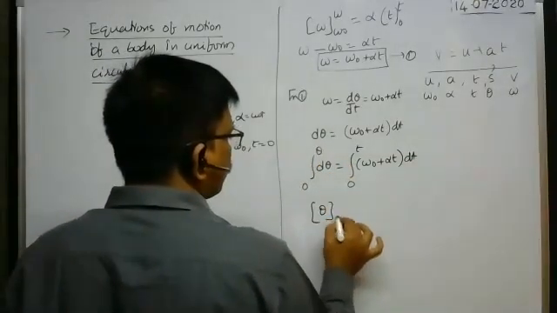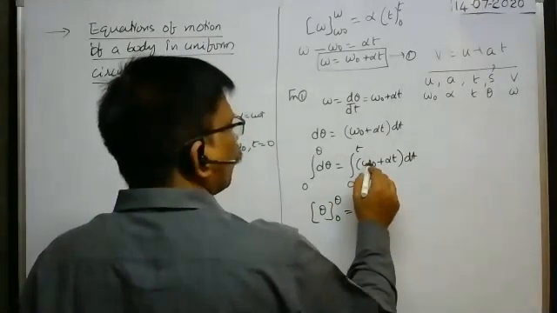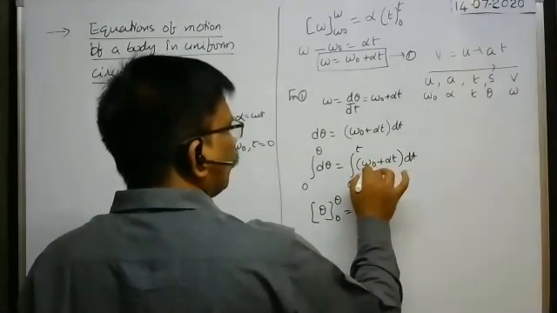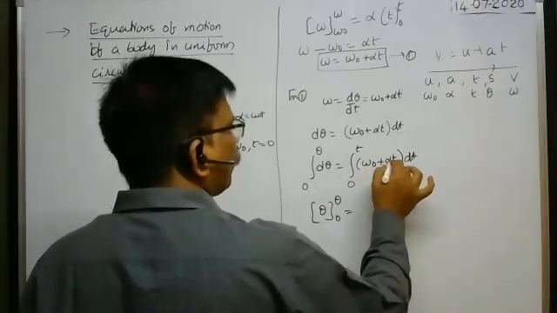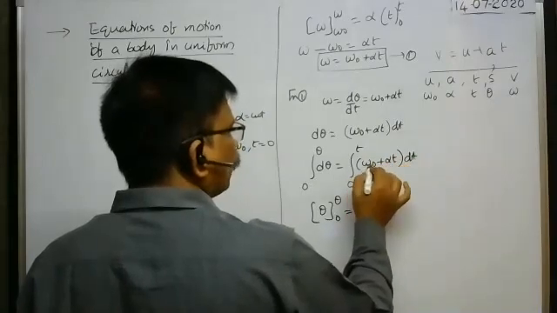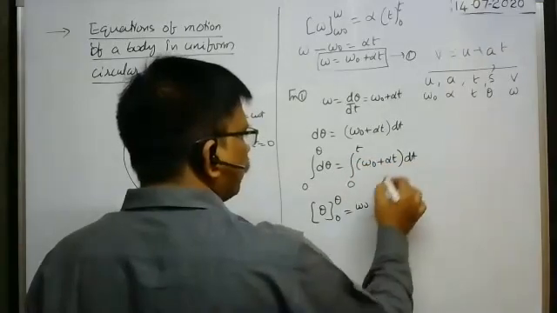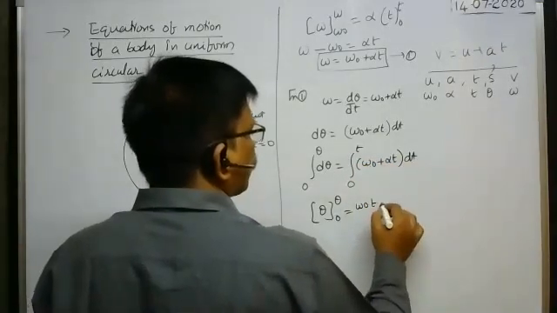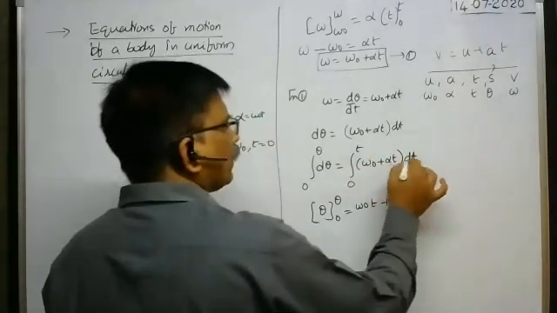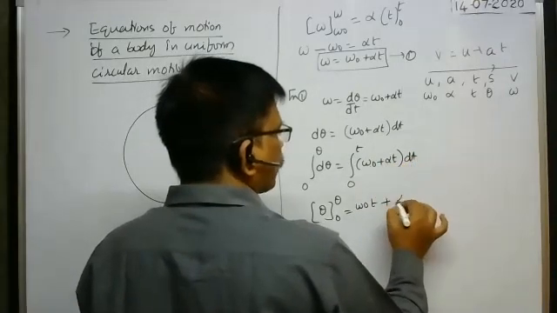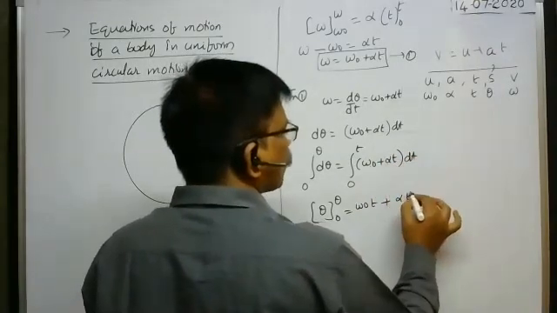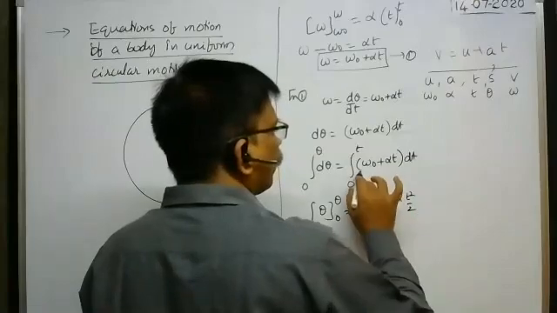You substitute the limits 0 to theta, equal to integral of omega naught into dt plus alpha t into dt. First, integral omega naught dt: omega naught is constant, integral dt means t. Plus integral alpha t dt: alpha is constant, you keep it aside, integral t dt means t square by 2. Now we have done the integration.